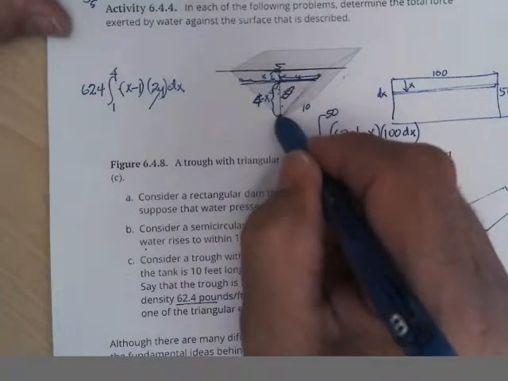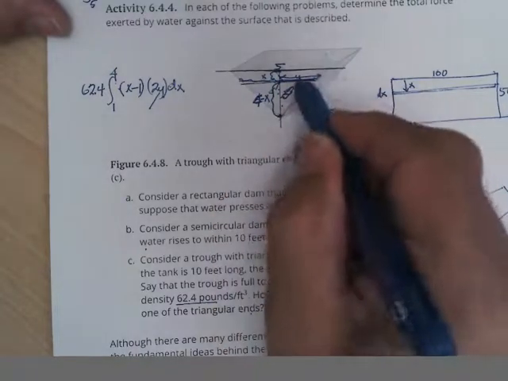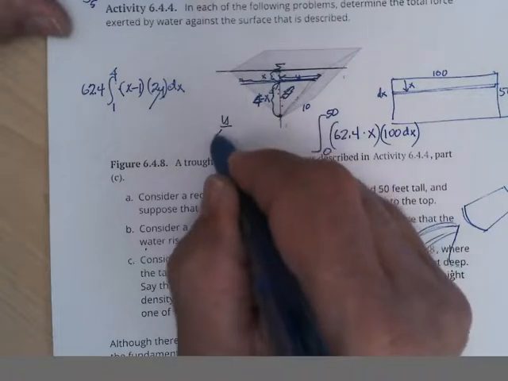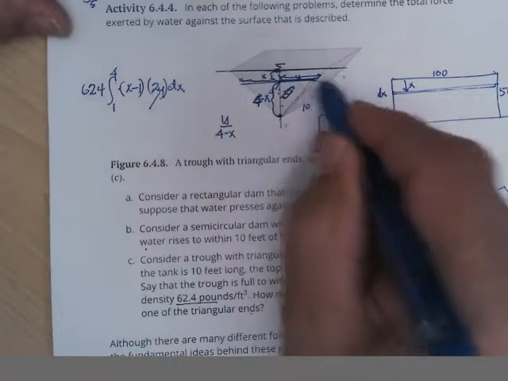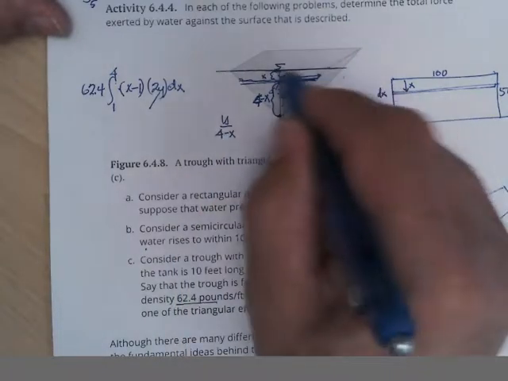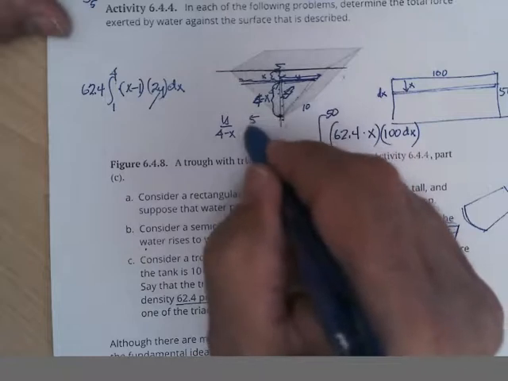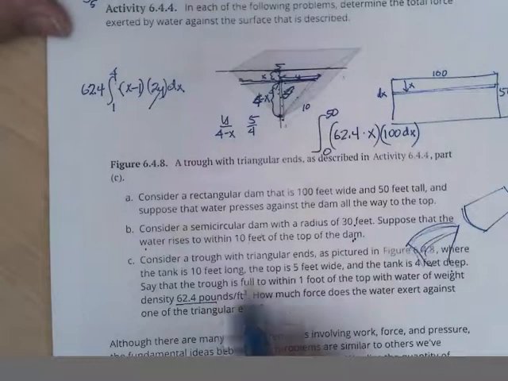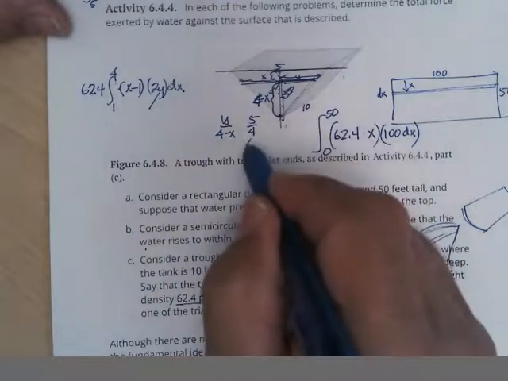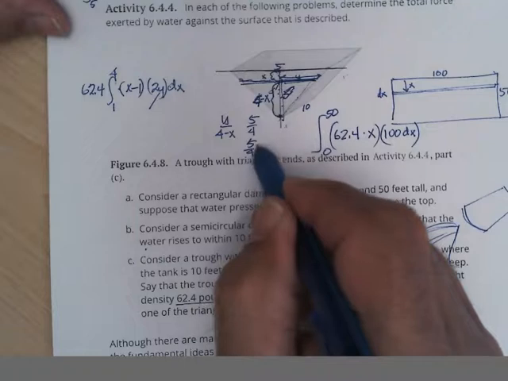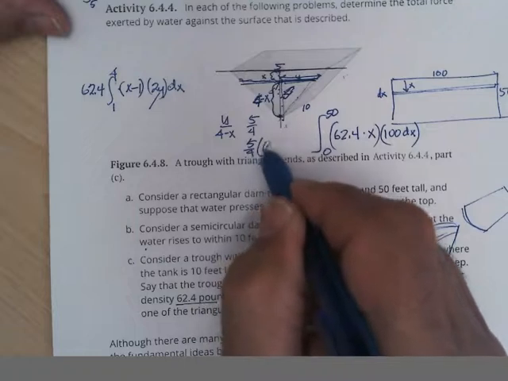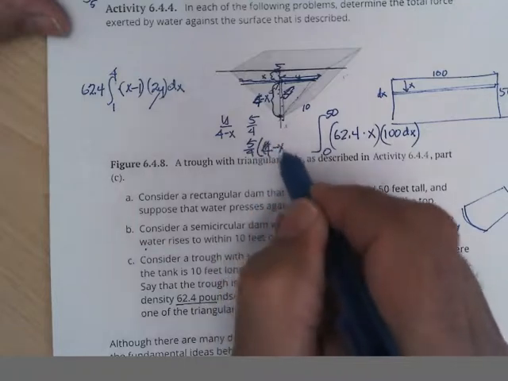That's how much this is. So we could say y is to 4 minus x as 5 is to 4, and so y would be 5 fourths times 4 minus x.